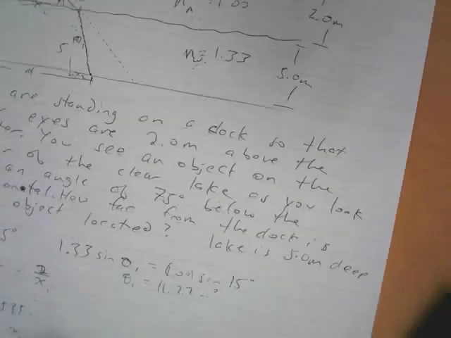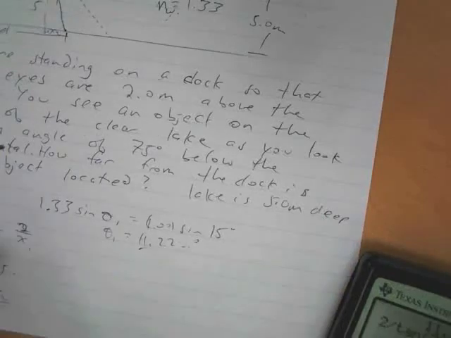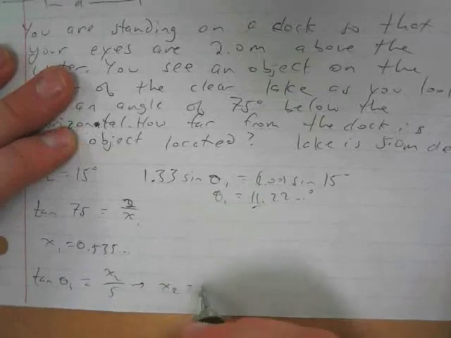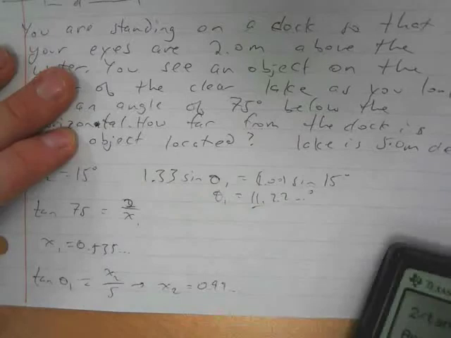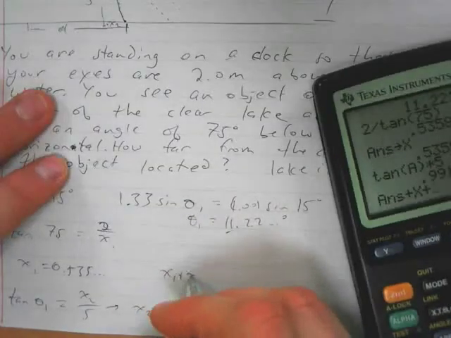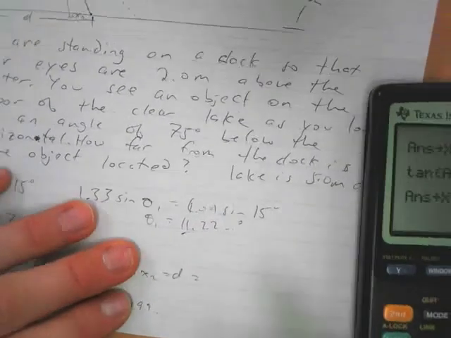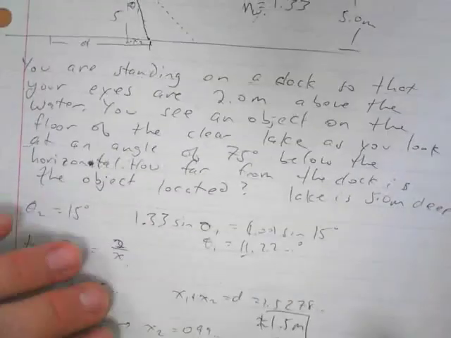So I can take the tangent of this 11.22 whatever and multiply by 5 and get that x2 is 0.99, etc. And I'll just add that together. x1 plus x2 is our distance, which then I get is 1.5278, or about 1.5 meters, which tells you my drawing is clearly not to scale.